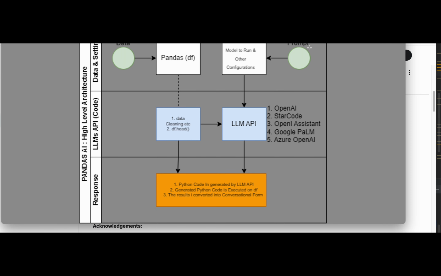After that, you enter your prompt in natural language, and it will go to the LLM API and give you the response, leveraging on Pandas and Pandas API. So this is like Pandas on steroids, what I would like to call it. It allows for faster data analysis and will definitely facilitate extraction of insightful information.